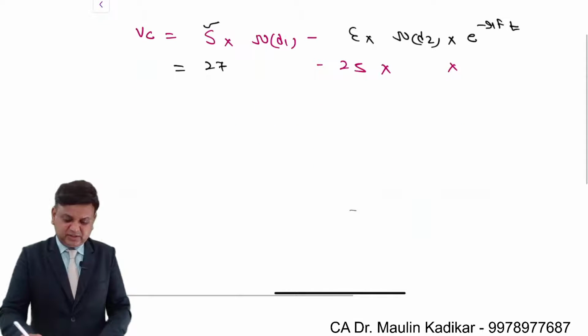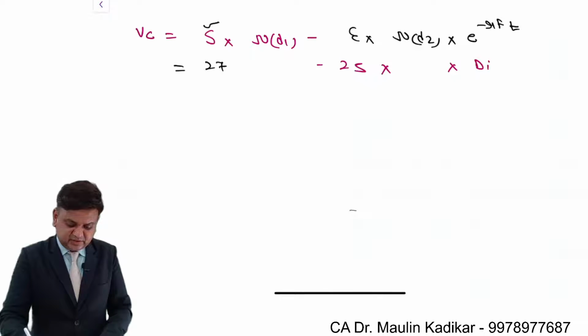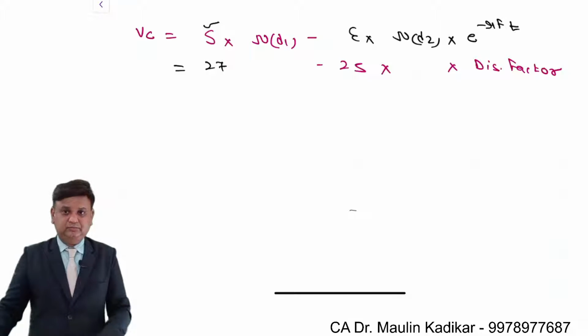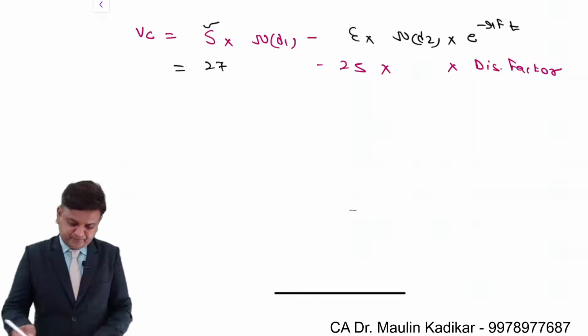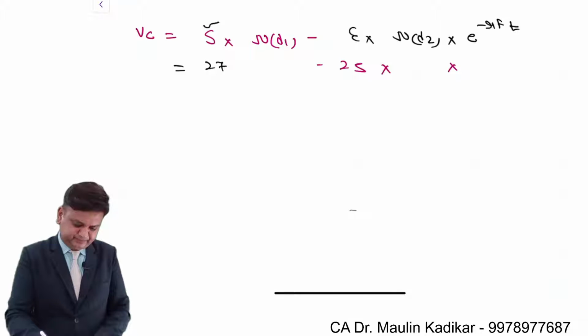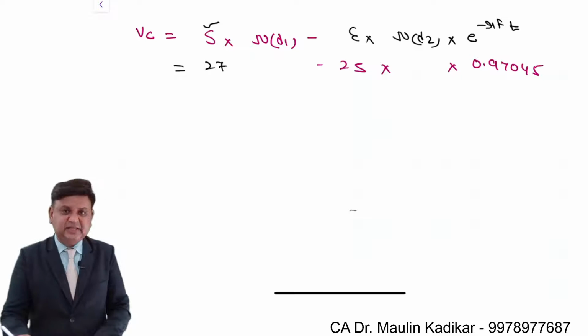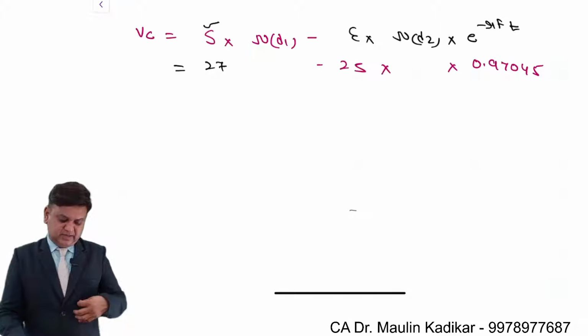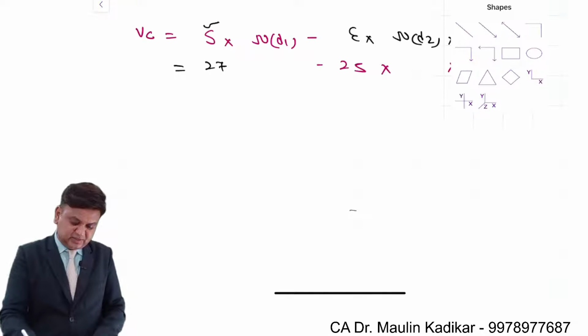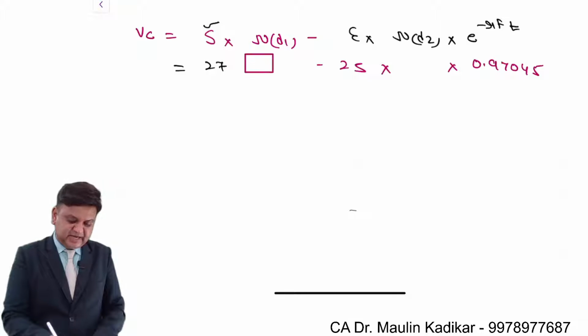Let's see how to calculate the same. It is basically the discounting factor. So let us say it is 0.97045. We'll see that later on properly. Now there are two things that we are required to compute. It is ND1 and it is ND2.